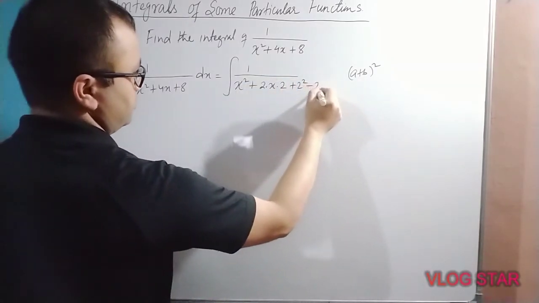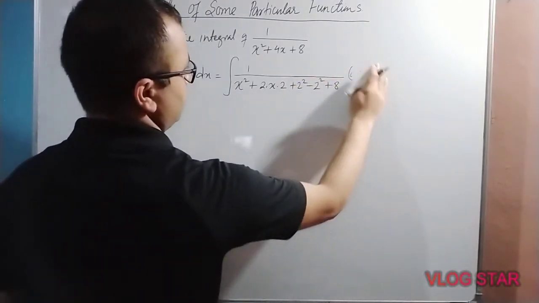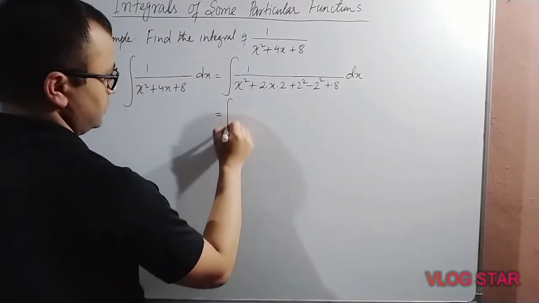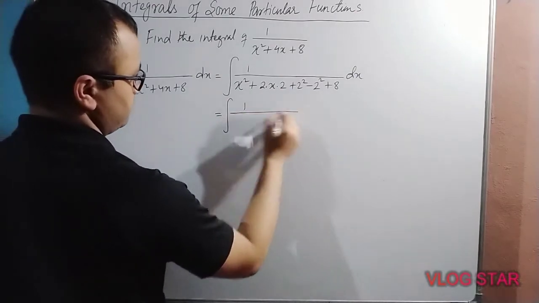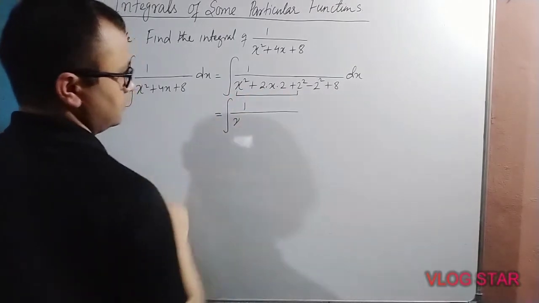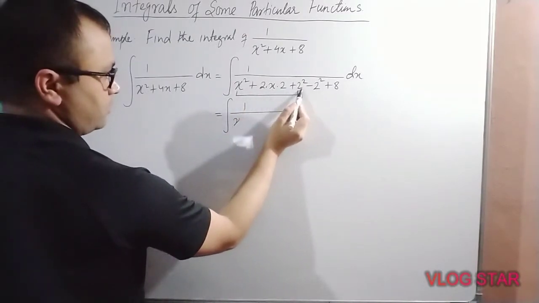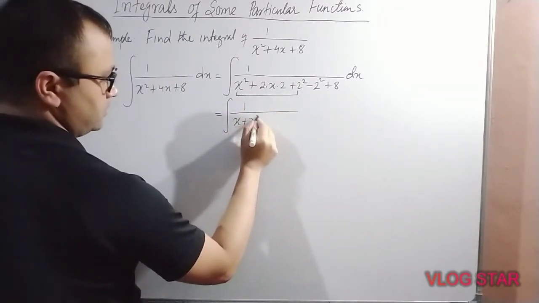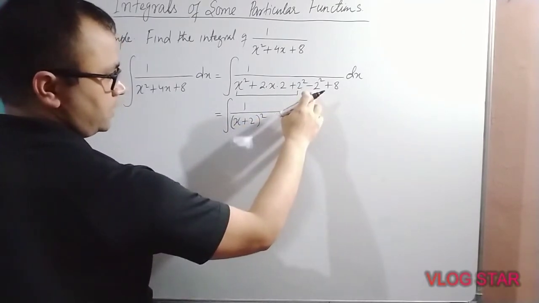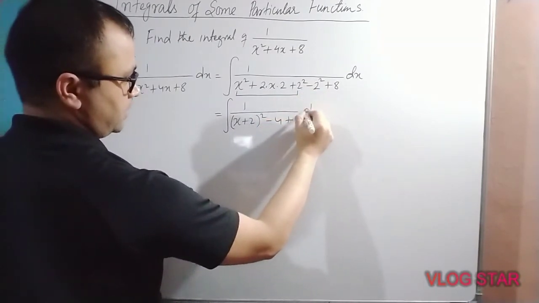Now again we have to put minus b square plus 8 dx. So this equals integration of 1 by, now a square plus 2ab plus b square is a plus b whole square. 2 square is 4, so it is minus 4 plus 8 dx.